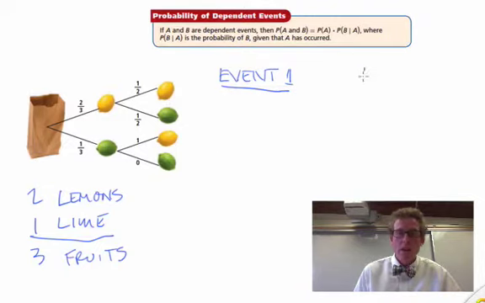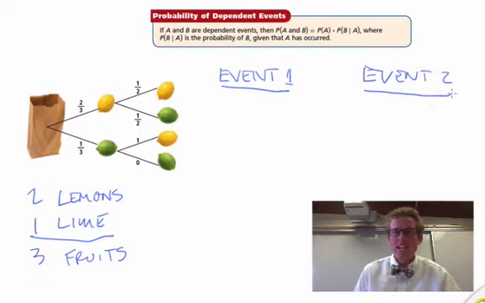And then after that, event 2 is we're going to look at what is the second thing that we pull out of the bag. So in the first case, when I reach in the bag and I pull out something, the number on top here is the number I want of that event to happen, and the number on the bottom, well, that's the total different possibilities.